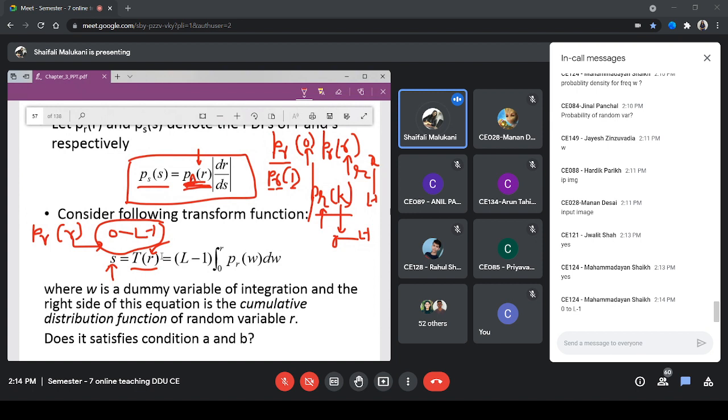Now suppose my input intensity currently is 1. Suppose I am encountering a pixel and its value is 1, right?